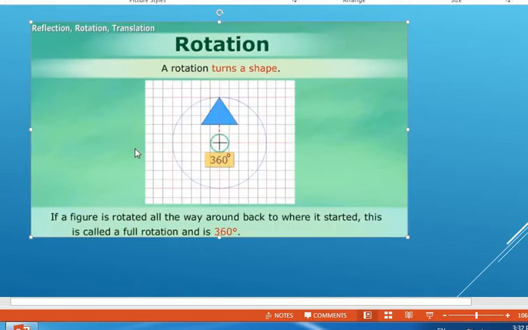Here, for example, in this figure, it's rotated all the way around to where it started. This is called a full rotation, which is 360 degrees.